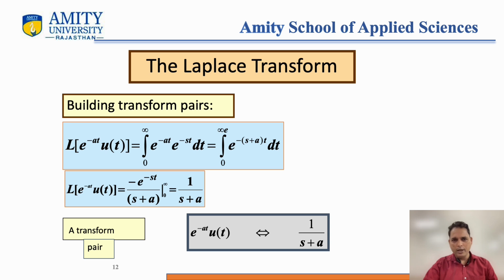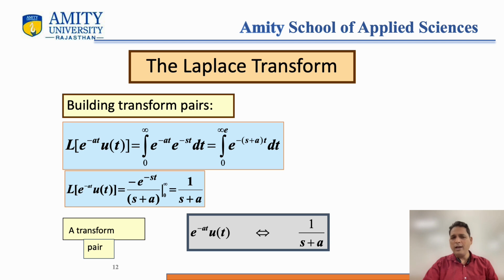So the formula is: the Laplace transformation of e to the power minus at is 1 upon s plus a, and L inverse of 1 upon s plus a is e to the power minus at. We have to memorize both the Laplace as well as the inverse Laplace transformation, because, as I discussed earlier, we are not going to use contour integration to solve the inverse Laplace transformation. So we make our results directly by using these relations.